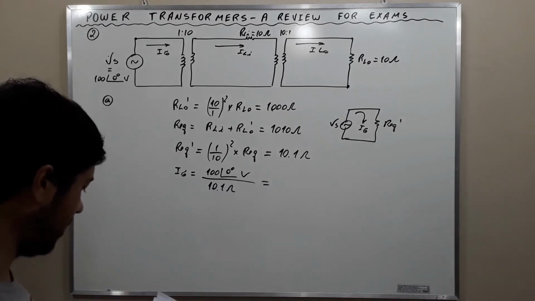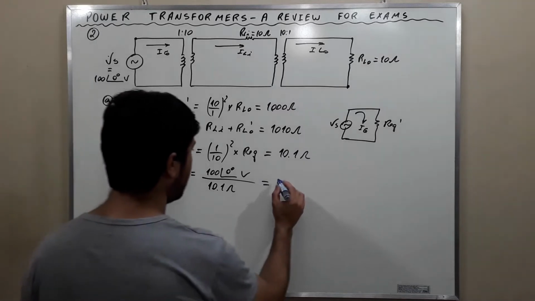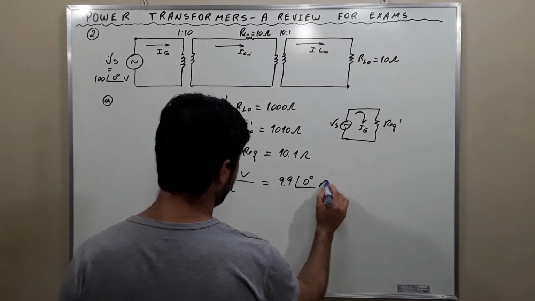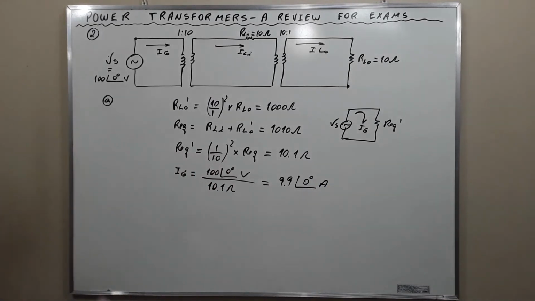And this gives a value of 9.9 phase 0 degrees amperes.